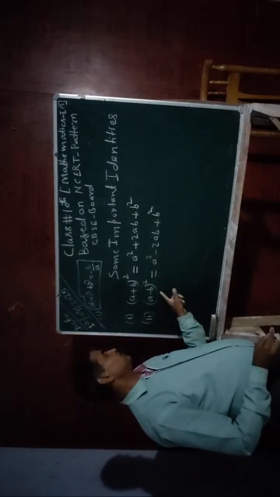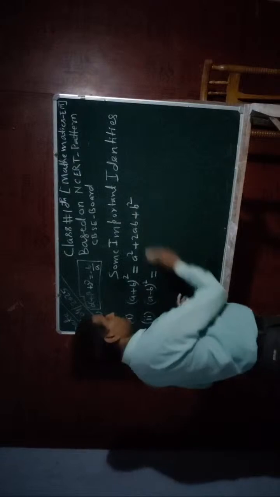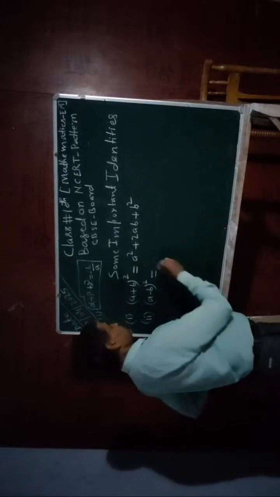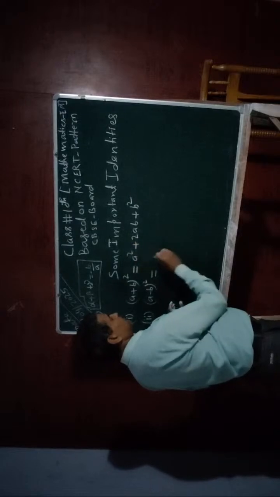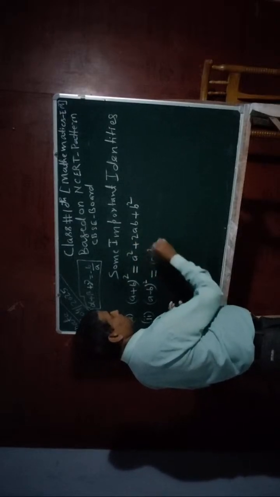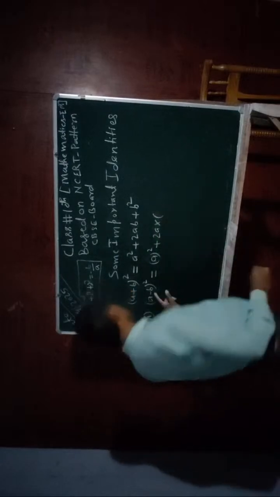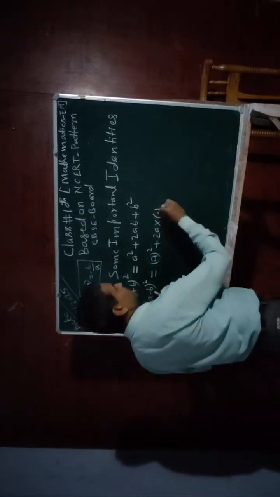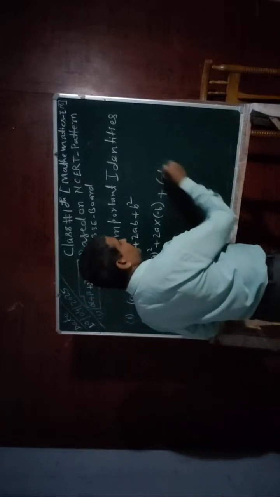So here I can write a square plus 2a into, in the place of b I will write minus b, and in the bracket b whole square.